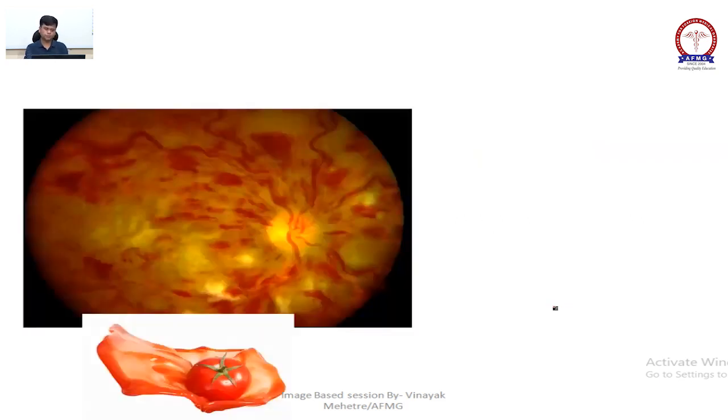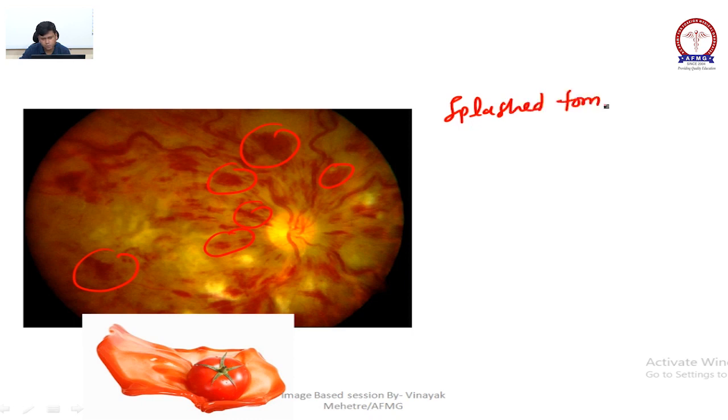Now here you can see someone has thrown a tomato on the eye, right? It is called splashed tomato or tomato ketchup appearance, or thunderstorm appearance.